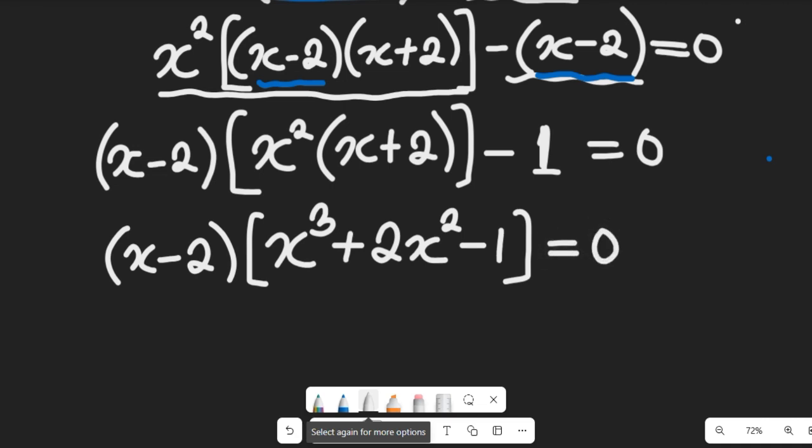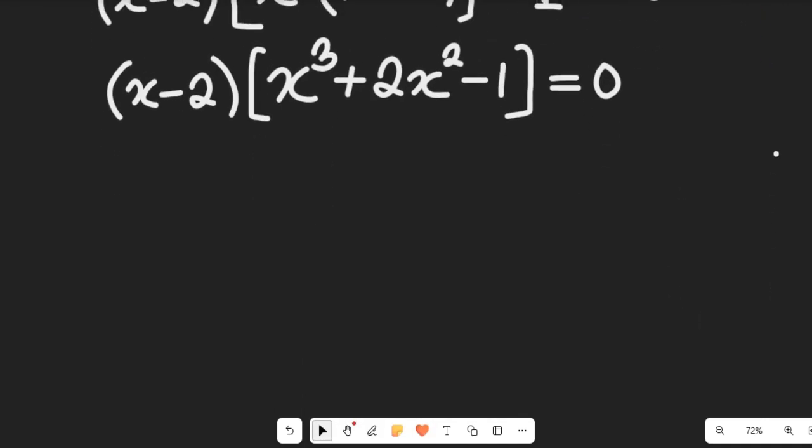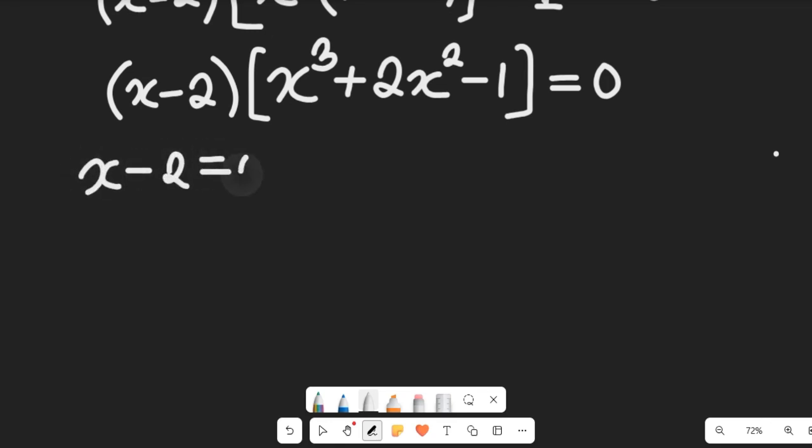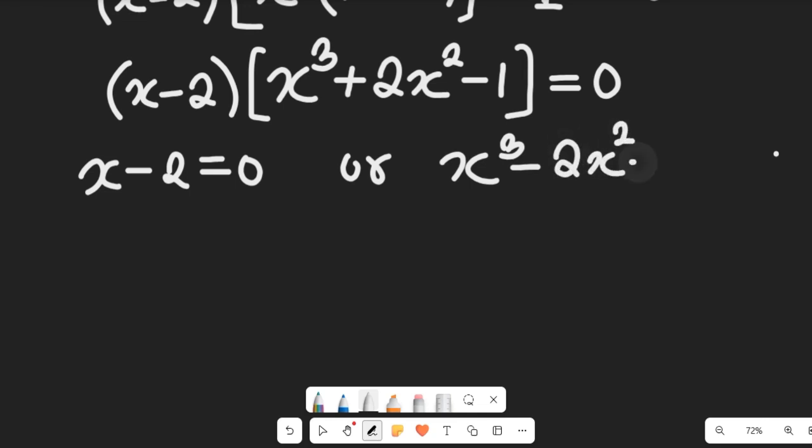So how do I proceed? I now have what we call a zero product rule, so I can easily simplify the expression. So this expression will give me x minus 2 equal to 0, or I can still have this expression x to the power of 3 plus 2x squared minus 1, and this is equal to 0.